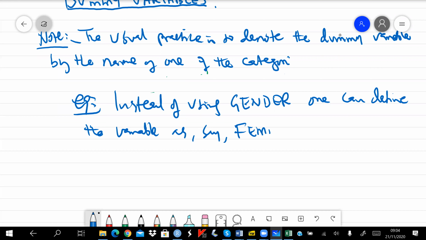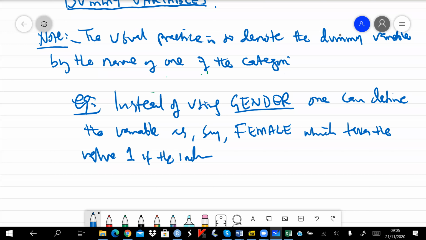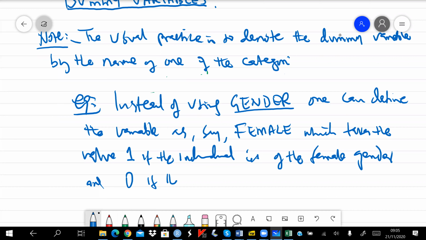Instead of using gender as your variable name, you just call the variable female, which takes the value 1 if the individual is of the female gender, and 0 if the individual is of the male gender.